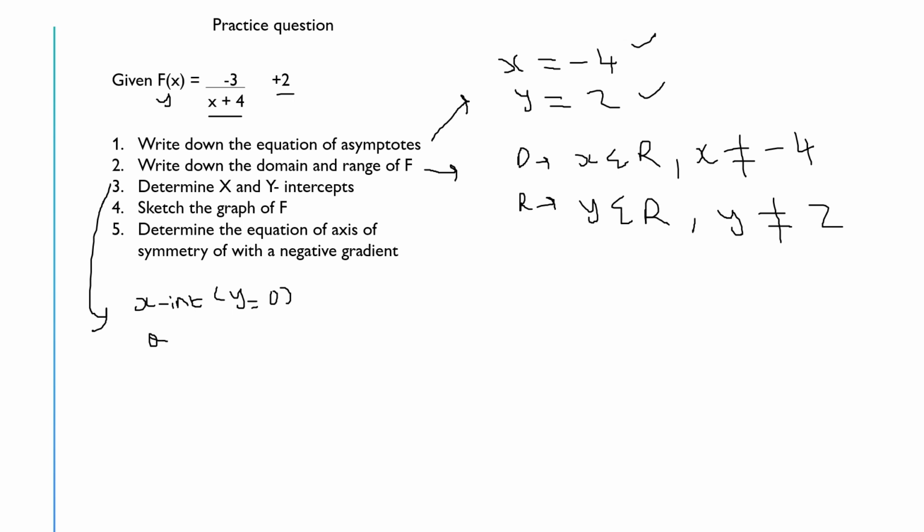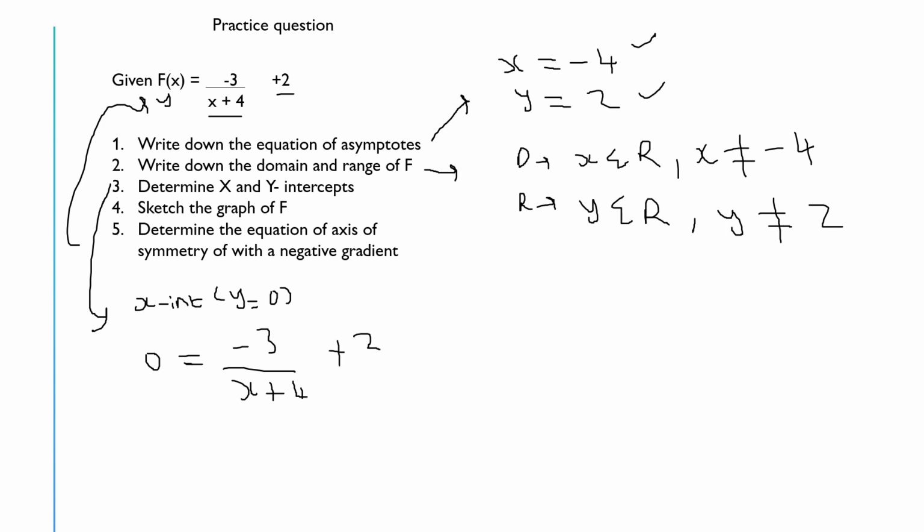So I'm going to put a 0 there. So it will be 0 equals to, and I'm using the given equation which is given to us. So it will be 0 is equal to -3 over x + 4, because remember here we only focus on y must be 0. x will come back as x, then plus 2.